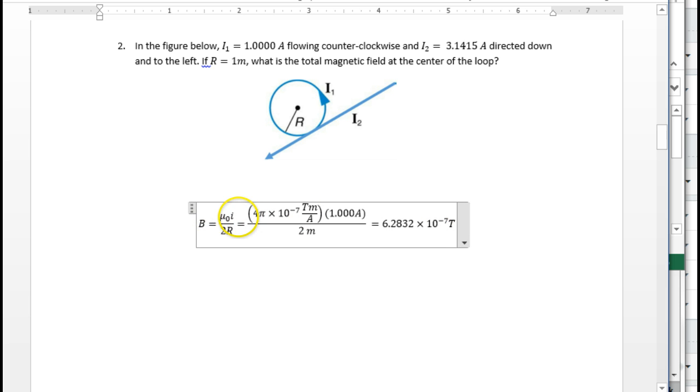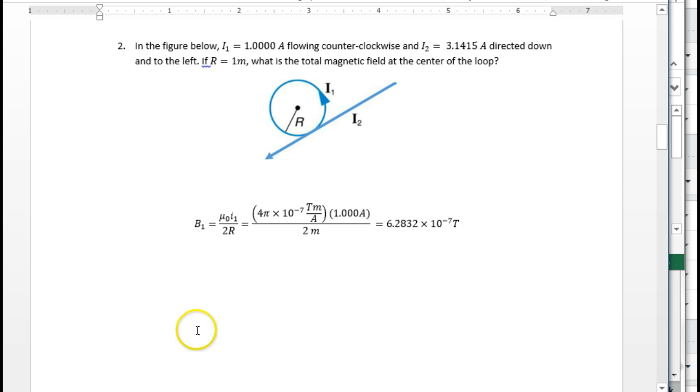So let me put a 1 there, and put a 1 there. So we're clear that that's due to I1.